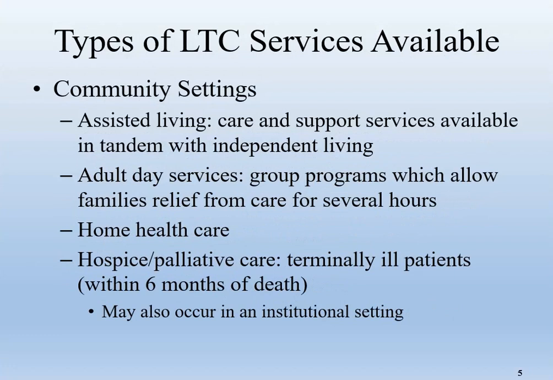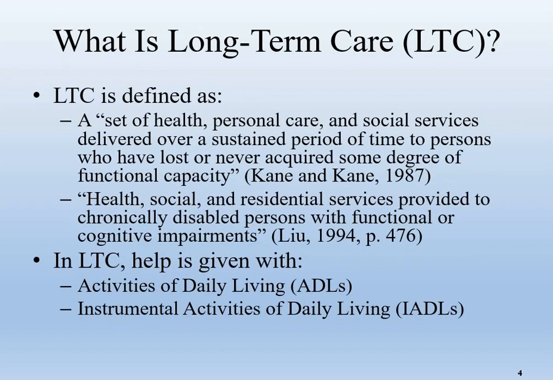You have assisted living facilities where there's care and support services available in tandem with independent living. So these folks that are getting older, they still have these ADLs that we talked about, but maybe they're having difficulty with the IADLs, like checkbook, grocery shopping, and so on.